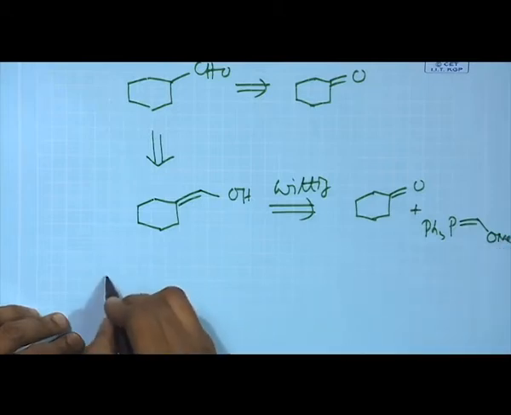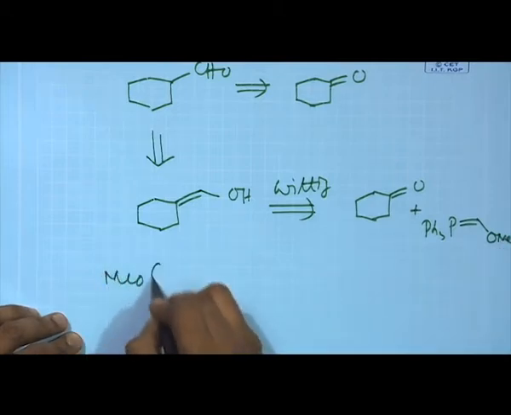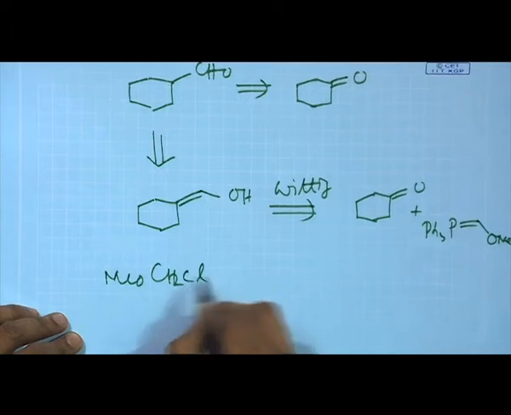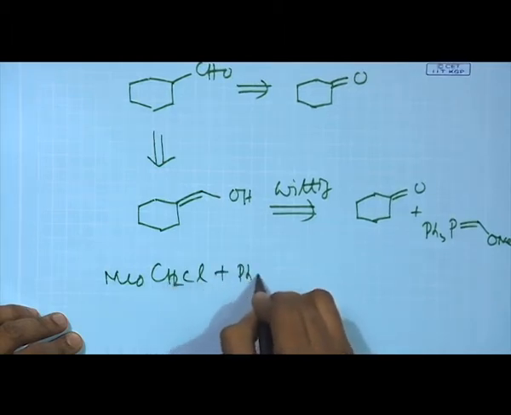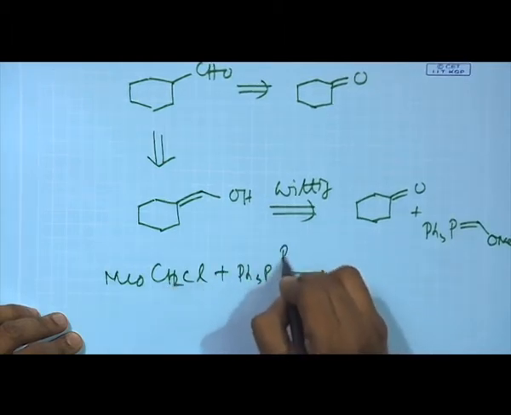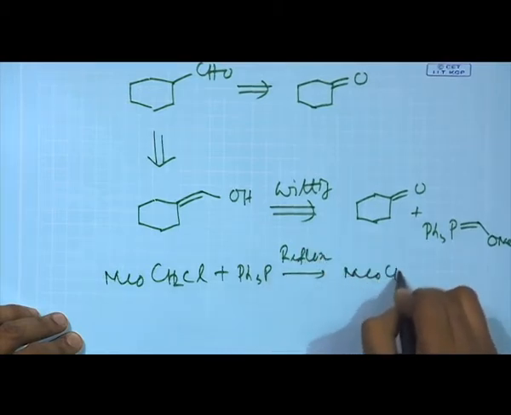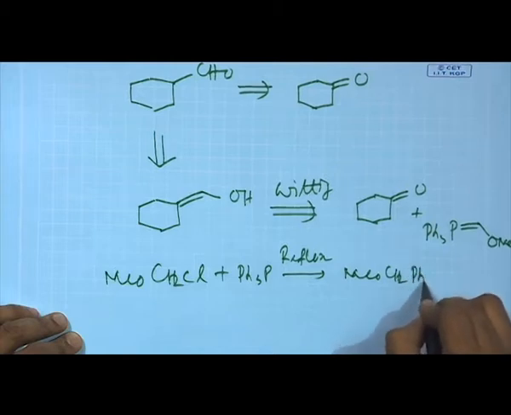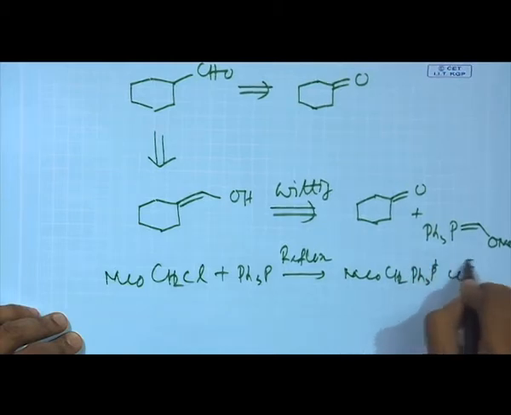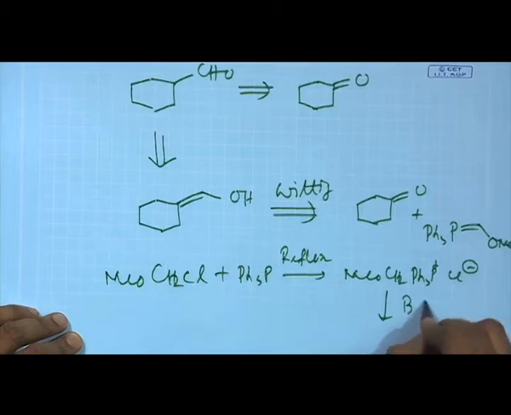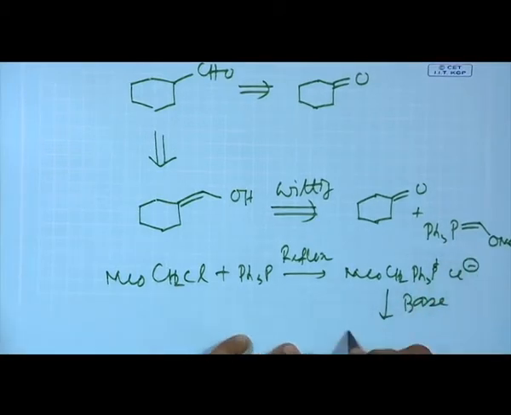Now, this Wittig ylide can be instantly generated from a compound called methoxymethyl chloride plus triphenyl phosphine. You just do a reflux, and you basically get MeOCH2PPh3 plus Cl minus.